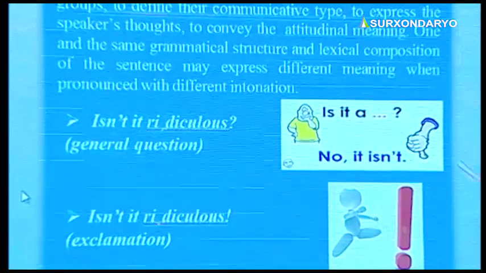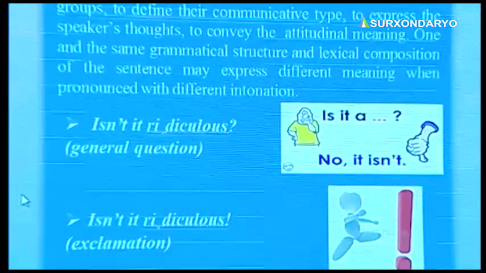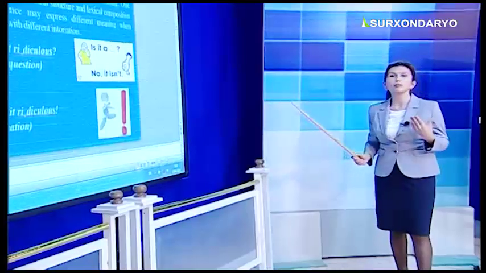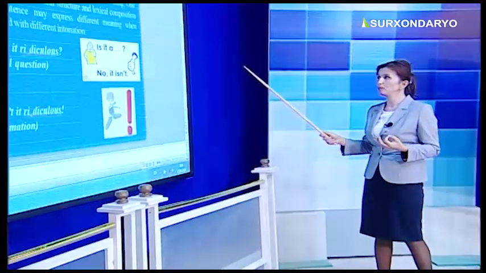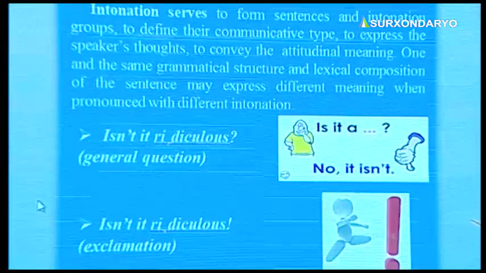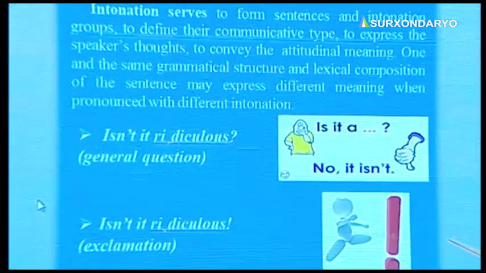Intonation serves to form sentences and intonation groups, to define their communicative type and to express the speaker's thoughts also, and to convey the attitudinal meaning. One sentence, for example, may express different meaning when it's pronounced with different intonation.